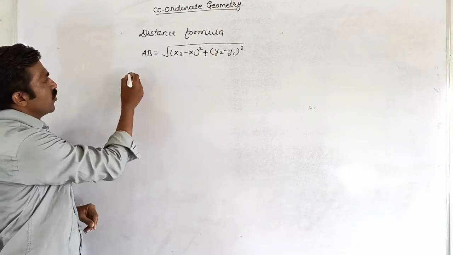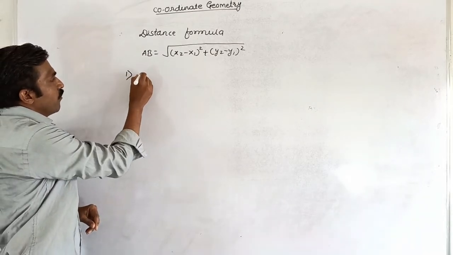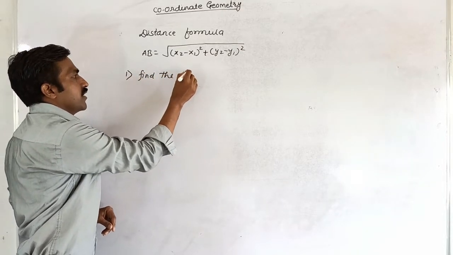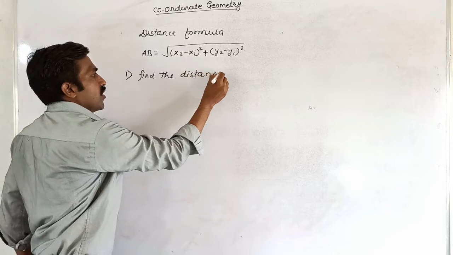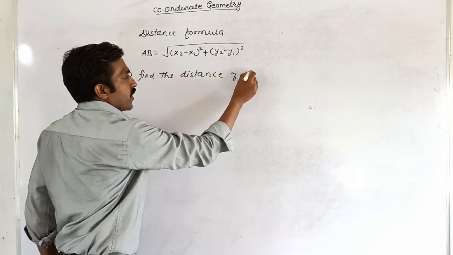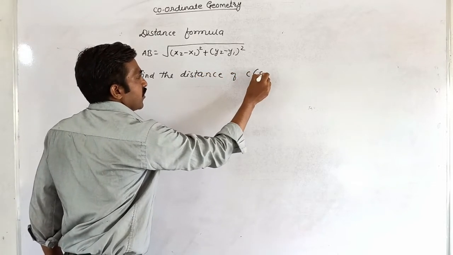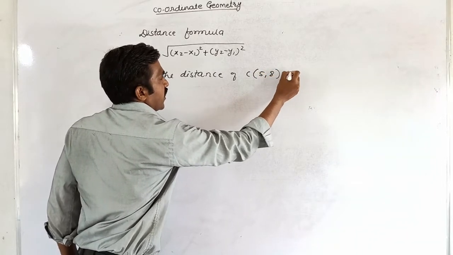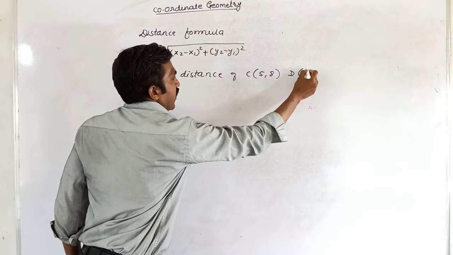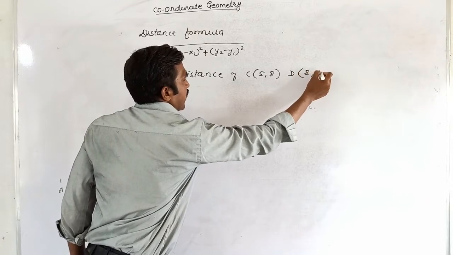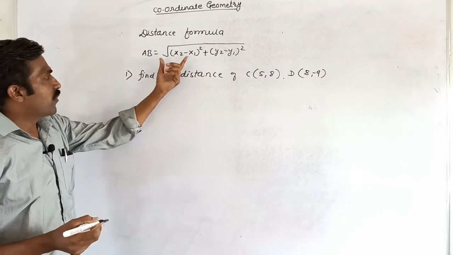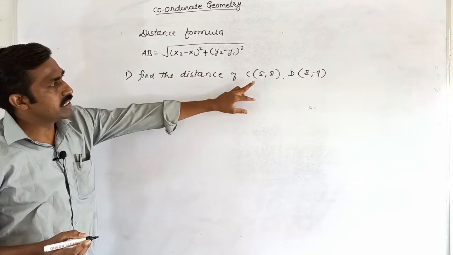Okay, so for example, find the distance of C (5, 8) and D (8, minus 9). Using this formula, find the distance of CD.